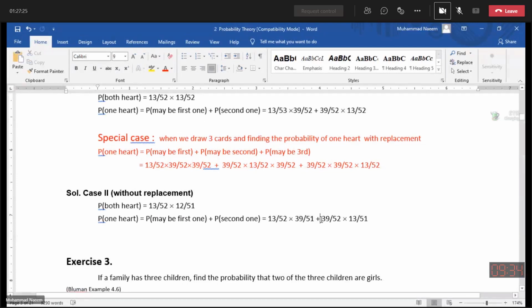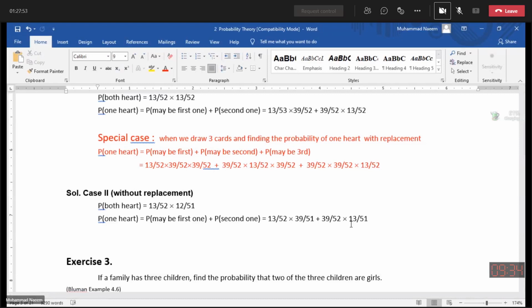Second option: the second one is a heart, and the first one is from the other category. The probability for the first one is 39 by 52. Now we have put this card aside, not sent back to the aggregate before the next draw.